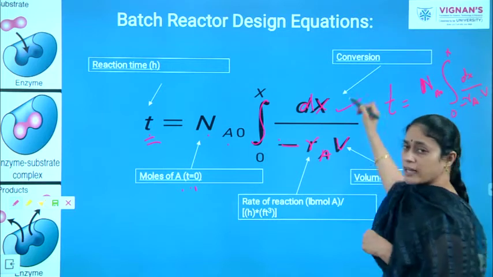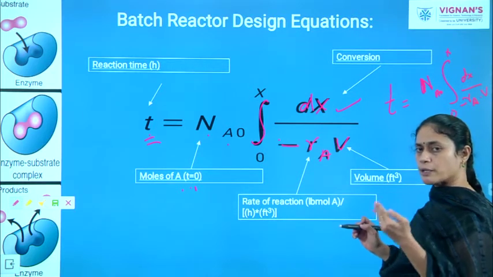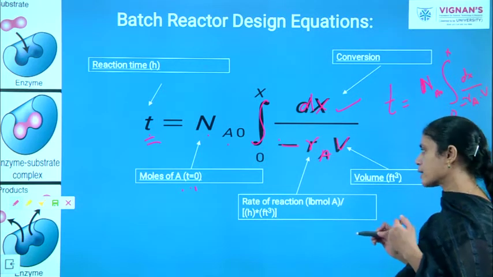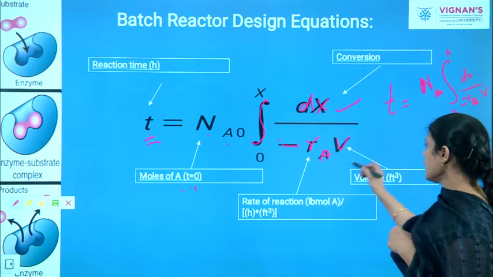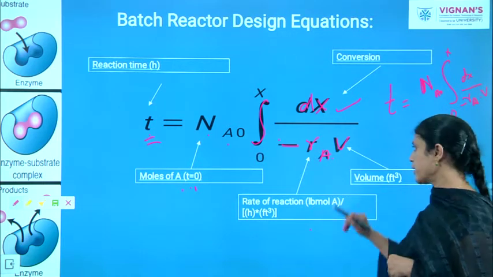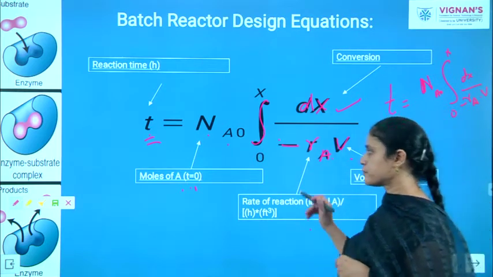And dX is nothing but the conversion, how many moles of your substrate are getting converted per total amount of your substrate supplied into your reactor at a specific time. Ra is nothing but the rate of reaction, whereas V is the volume of your reactor.